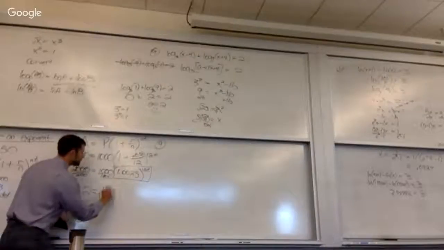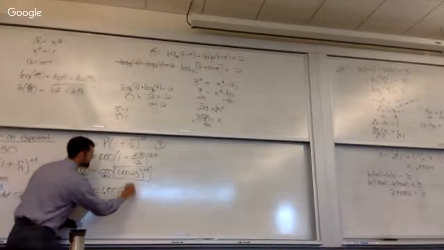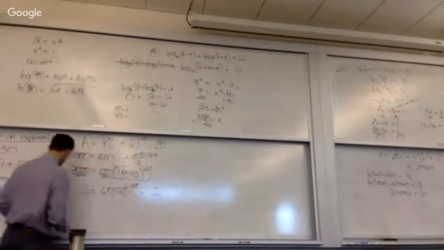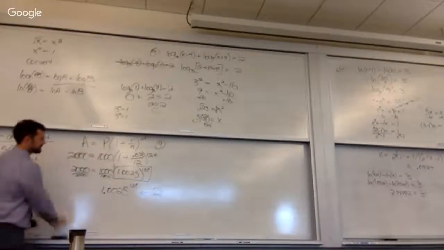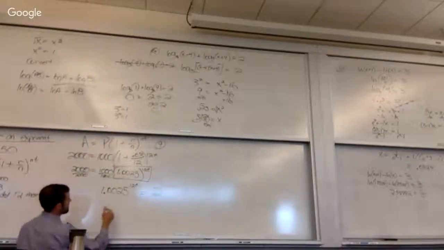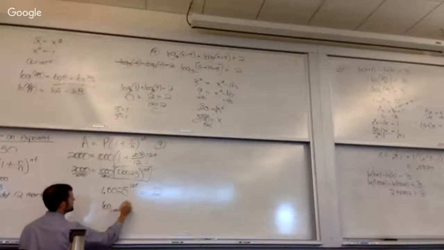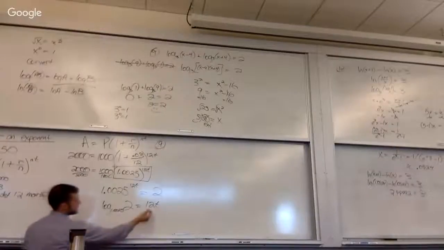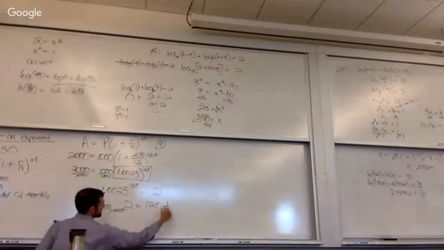So now that's 1.0025 to the 12t, which I'm going to actually write as equals 2, because I always prefer to see my exponential on the left and my answer on the right. So now this is an exponential. I can convert to a log. So this is log base 1.0025 of 2 equals 12t. And so instead of dividing by 12, I'm going to multiply by the reciprocal, 1/12.